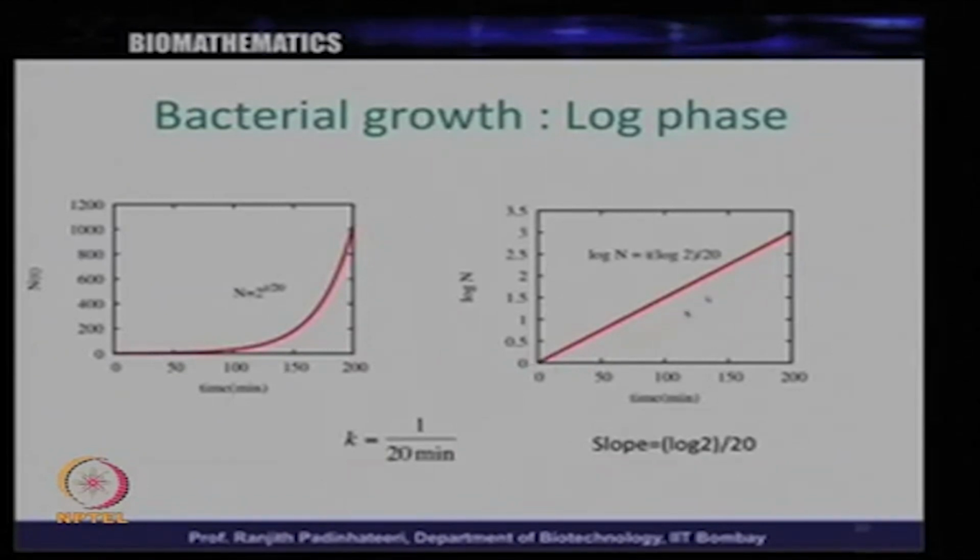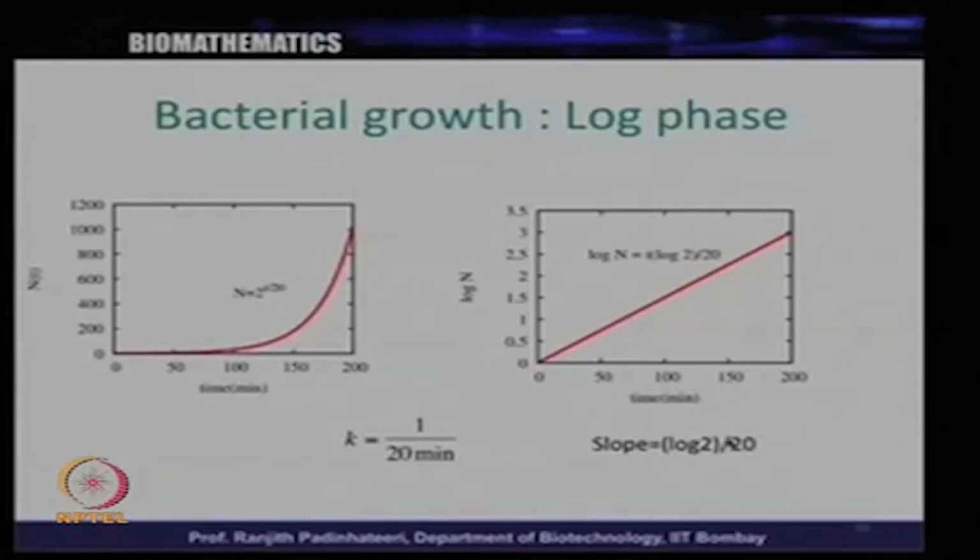The slope of this, or the derivative of this, is very easy to calculate, and you will see that the slope is log 2 by 20. So, if you know this log 2 by 20, immediately you can say that 20 is basically the rate of growth. So, from measuring this, you can immediately calculate the rate of growth, which is 1 over 20.